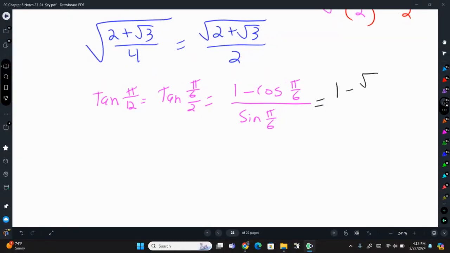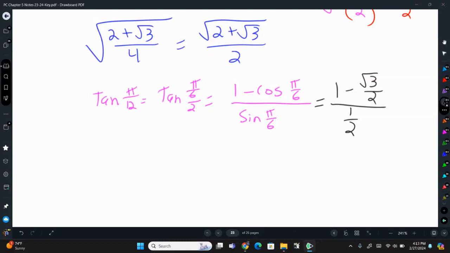So we have 1 minus the square root of 3 over 2 over 1/2. Now again, I could have used any of the tangent half angle formulas, but I knew that the sine of pi over 6 was 1/2, and it's easier to deal with a 1/2 in the denominator than if I would have used sine over 1 plus cosine.